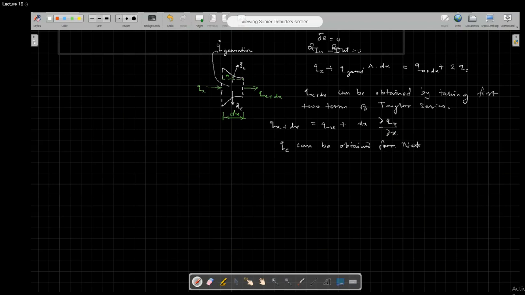Newton's law of cooling, which gives Qc equals hx times (T minus T reference).